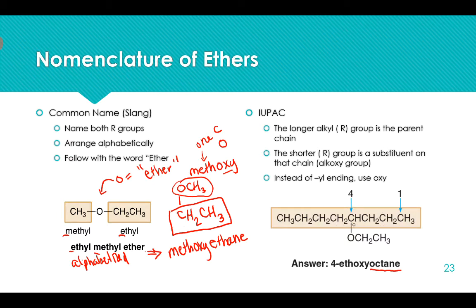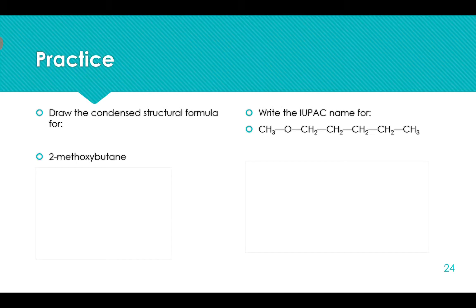So we want to number from the other direction to minimize that numbering. This has 2 carbons, and so that is ethoxy. And that's off number 4, so that's 4-ethoxyoctane. So you just kind of have to picture that this is a substituent on the longer chain. Kind of change the way you're viewing it.